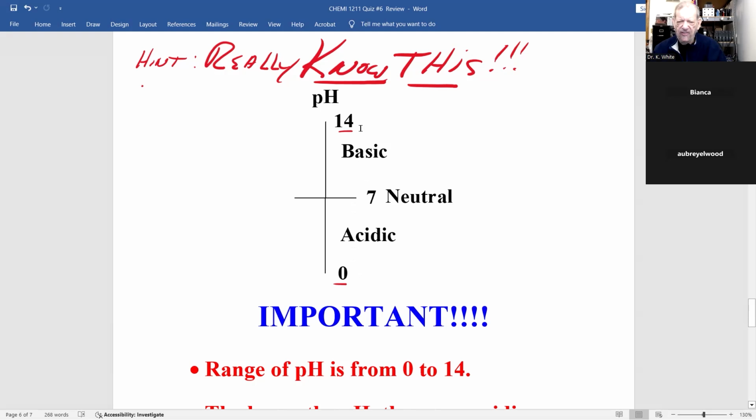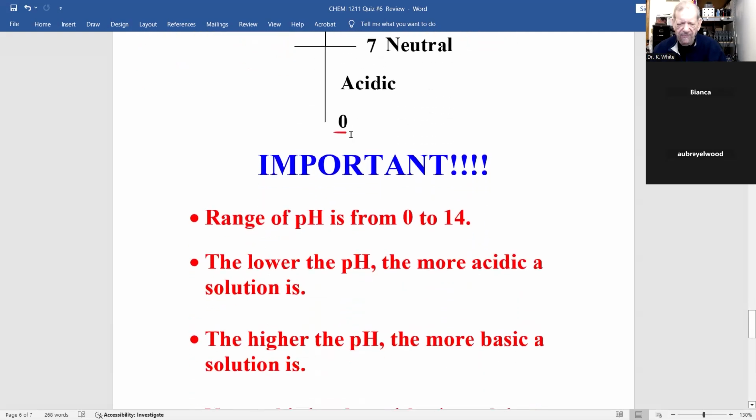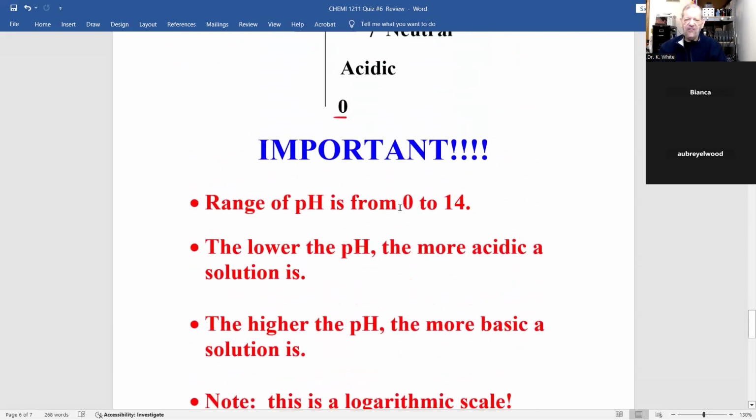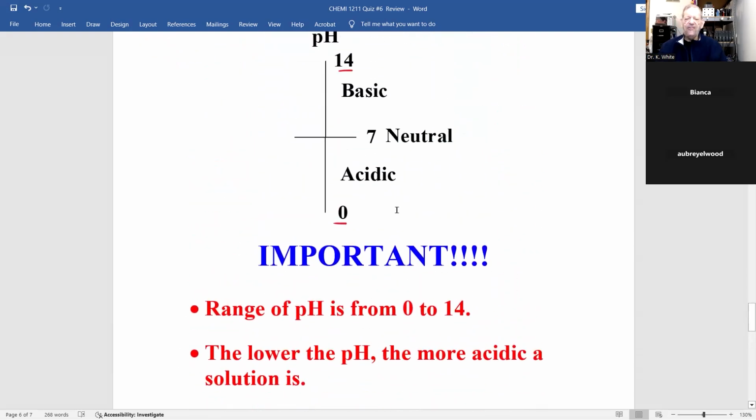The higher you get to 14, the more basic something is. And here I say that it's a logarithmic scale. So the difference between pH 6 and pH 7 is a power of 10 in the hydronium ion concentration. So it looks like a small difference, but really it's a large difference.